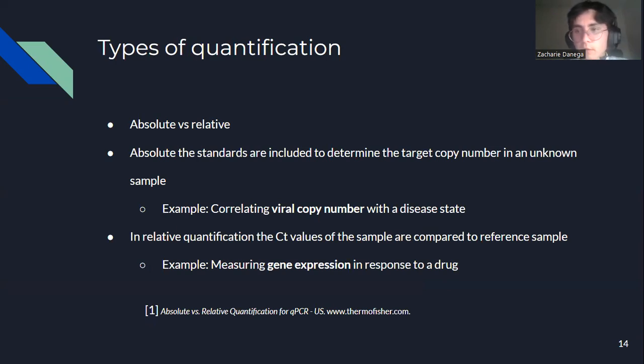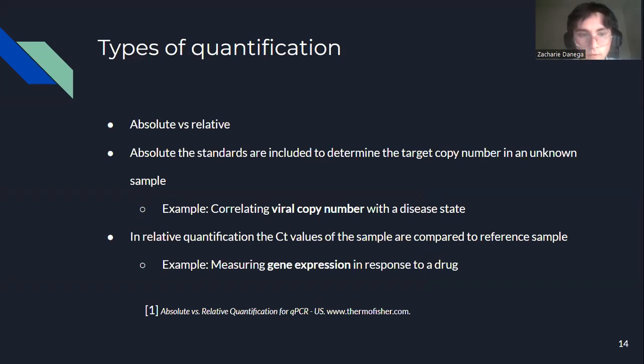And then let's talk about the types of quantification. There's absolute and then there's relative. The absolute requires standards to determine the target copy number in an unknown sample.